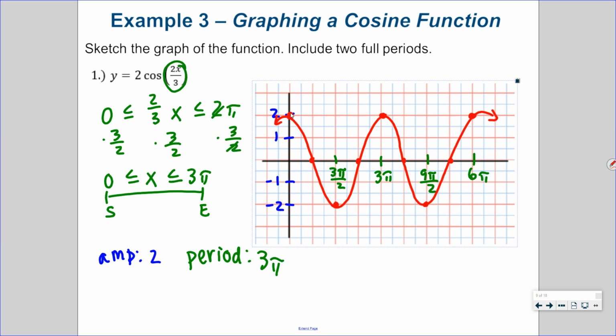Label all those. If it asks you to find the x-intercepts, you just have to do a little bit more fraction work, right? What's half of 3 halves? 3/4. So 3 pi over 4, 6 pi over 4, 9 pi over 4, etc. Domain? Always. Range? -2 and 2.